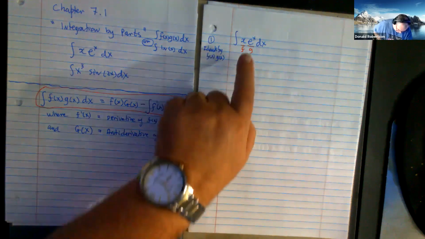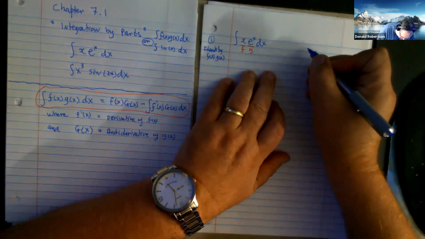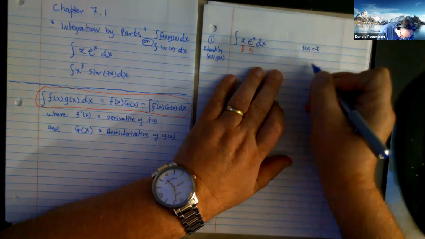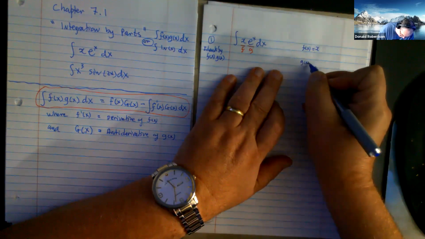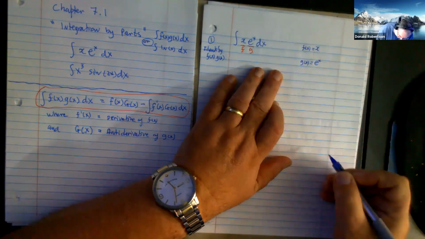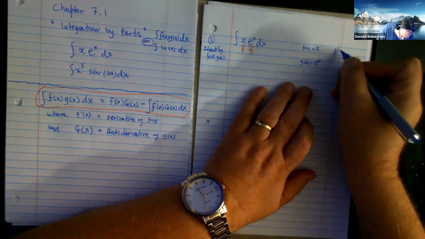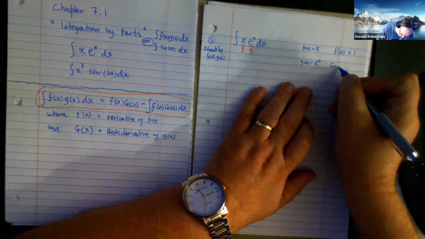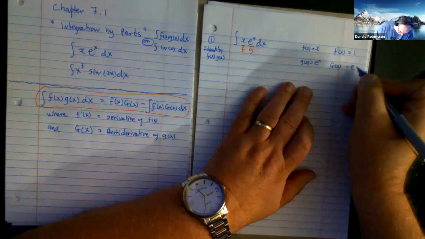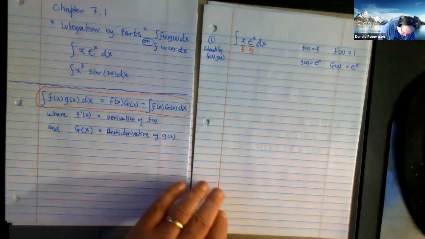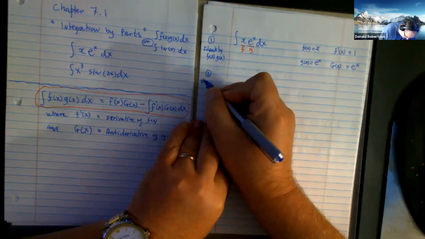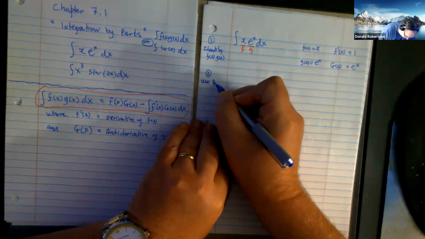So, in this question then, f of x is x, and g of x is e to the x. That makes the derivative 1 and the antiderivative e to the x. Step 2. Use the formula.